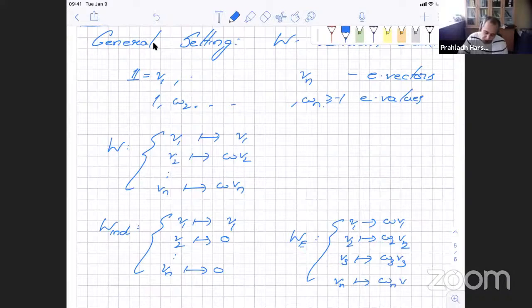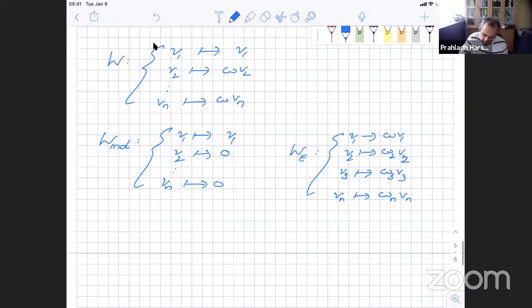When I write it this way, W is exactly (1 minus omega) W ind plus W_E. Do people agree?